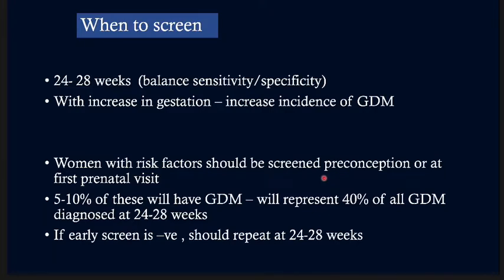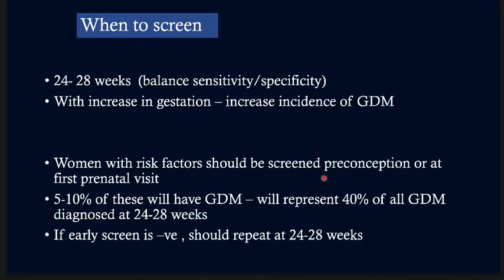If we do it much earlier, let's say at 20 weeks, we might miss patients who might develop diabetic disease later on in pregnancy, and we know it does actually boom later in the second and third trimester. And again, if we do it late, at 32 weeks, 34 weeks, we might miss the opportunity to treat.